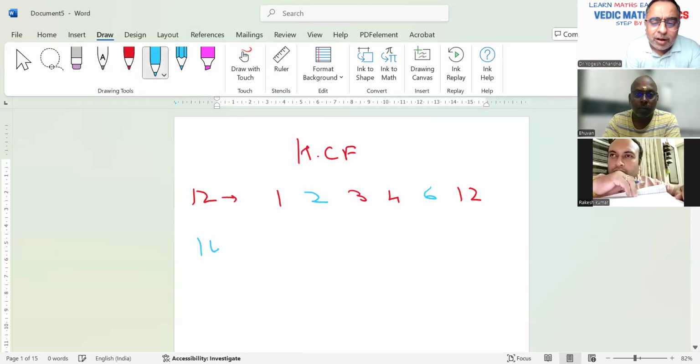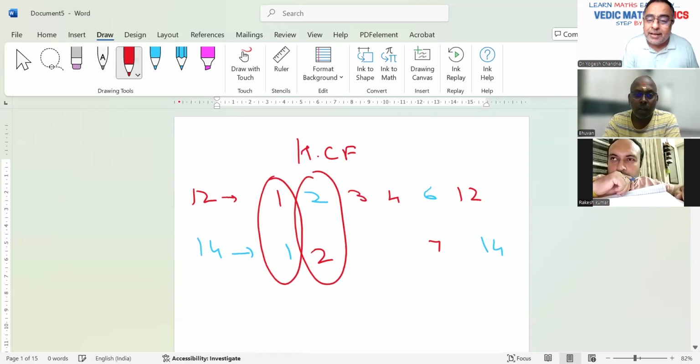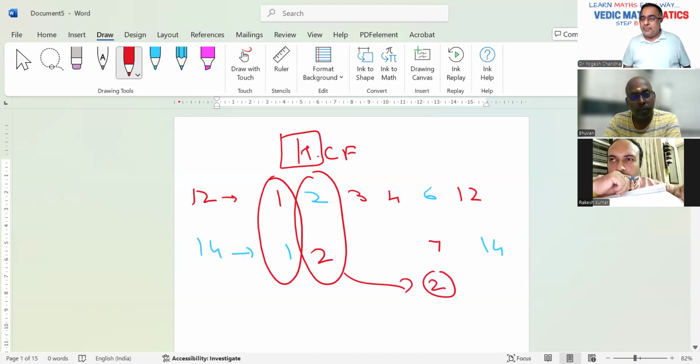You'll never be wrong. For 14: 1, 14. 2, 7. Can we have anything between? No. So what is common? Common is 2. Common is 1. But we want the highest. Factors you cannot have beyond this. So the highest is 2. So 2 is your HCF.